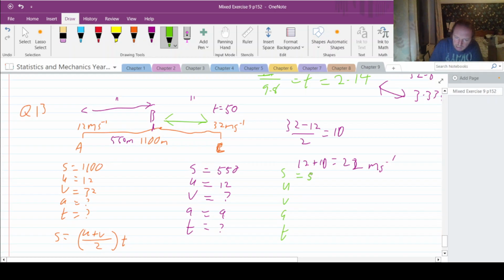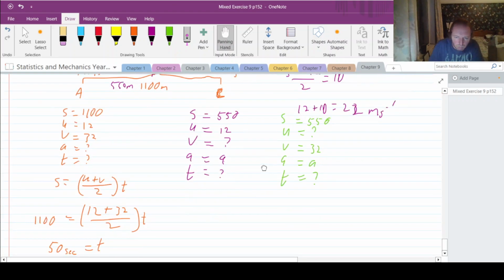Again the distance is 550, the initial speed I don't know, the final velocity is 32, the acceleration is the same A, and the time we're not sure on. So we're looking for something that doesn't involve time.